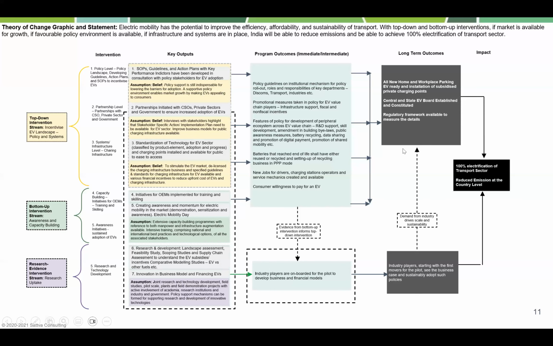And the third is to come up with a regulatory framework. Having a policy and a whole regulatory framework are two different things. The regulatory framework comes more under the long-term outcome. And with all these long-term outcomes, maybe 100% electrification happens, or there is a reduction in emission.